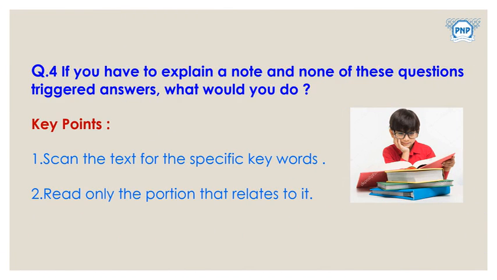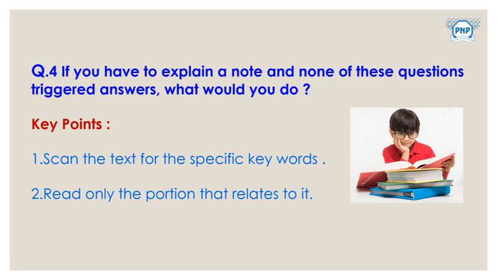If you have to explain a note and none of these questions triggered answers, what would you do? You need to scan the text for the specific keyword. Suppose you are not getting any particular answer. In that case, what do you have to do?